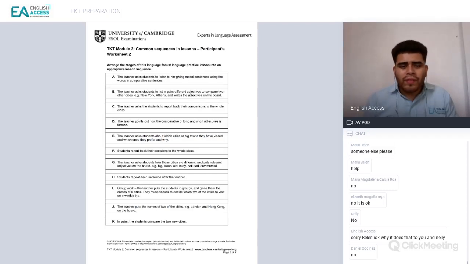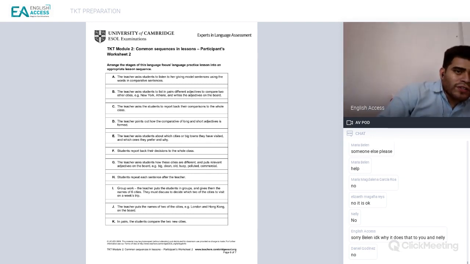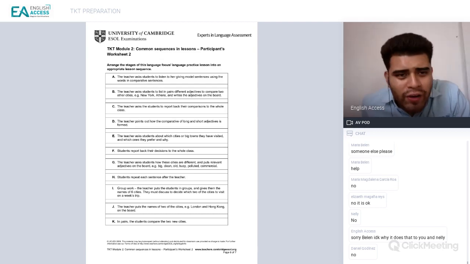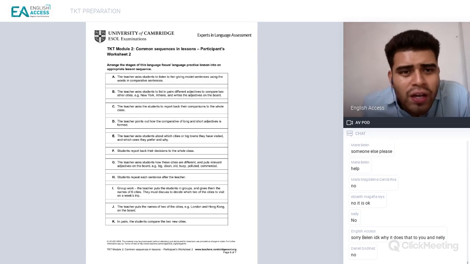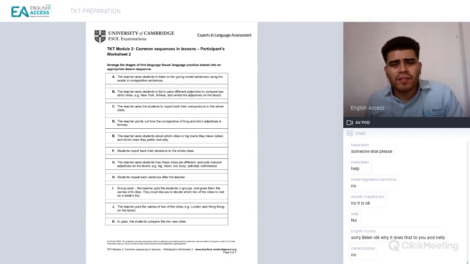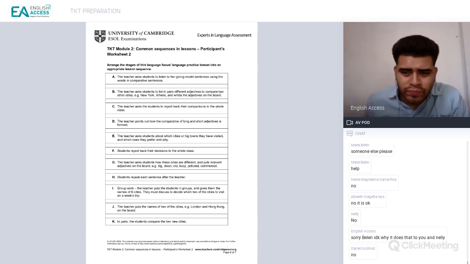All right, we're gonna begin with this worksheet. Can everybody get this worksheet out? It's TKT Module 2, Common Sequences and Lessons, Participants Worksheet 2.